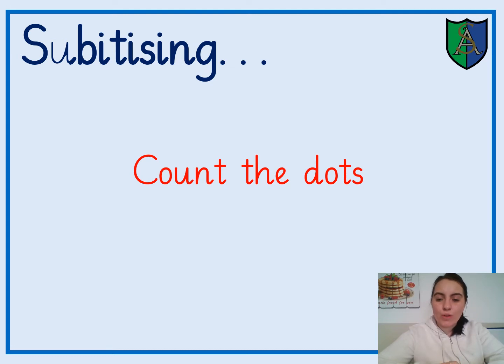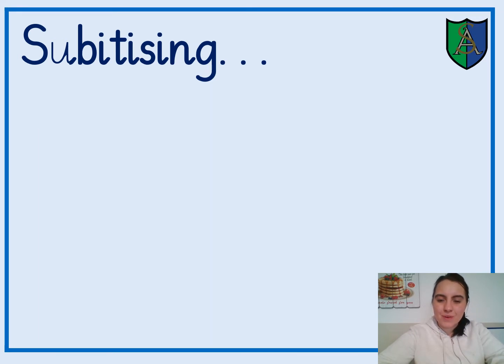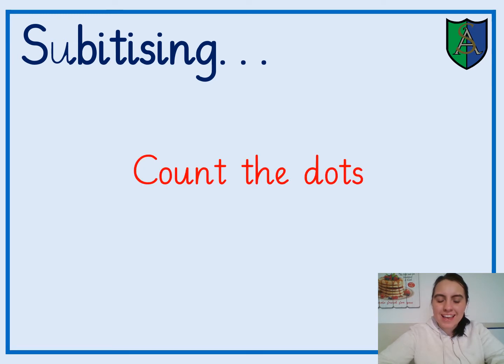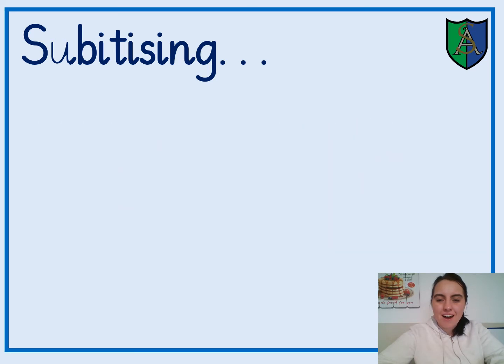Okay, time for the subitizing part of our lesson. So all I want you to do is count the dots. Ooh, okay. Remember, they're on the tens frame, so think about how many are on a tens frame when it's full. Again, let's count the dots. Ooh, there you go.